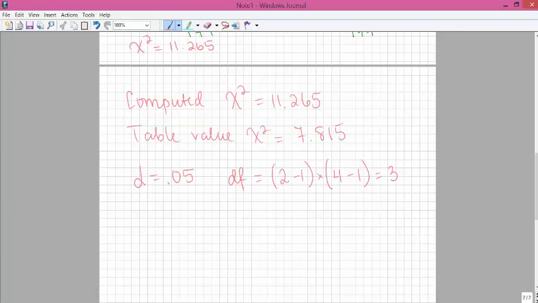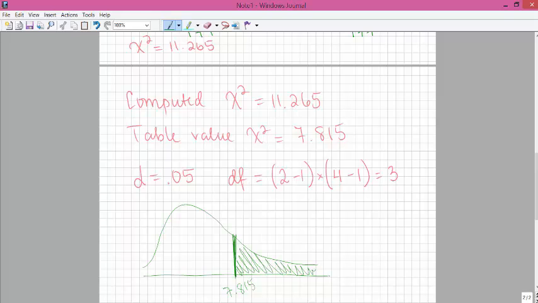Okay, so let's see what the conclusion is. What does it mean? If I have my chi-square distribution that looks like this, 7.815 is my cutoff value, right? Everything to the right of this will be unusual.